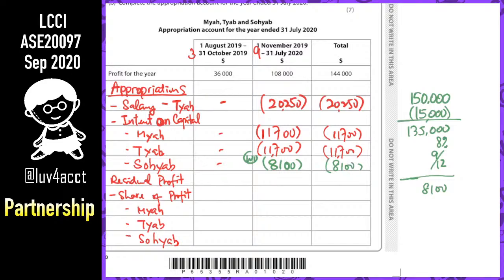So we will have the residual profit, 36,000 minus 56,250. Let's check.